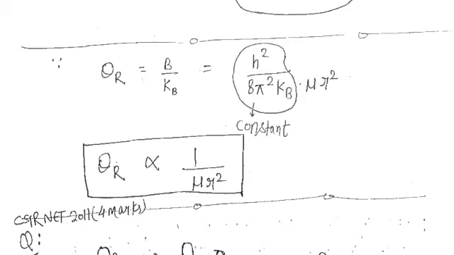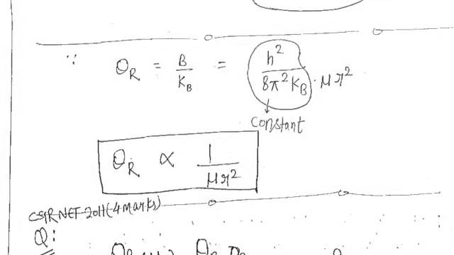One more thing, as we know that theta r is B upon kb. By putting the value of B, we get h square upon 8 pi square I, and the kb will be there. So I put the value of I equal to nu r square. Nu is the reduced mass, r is the distance between the two atoms.